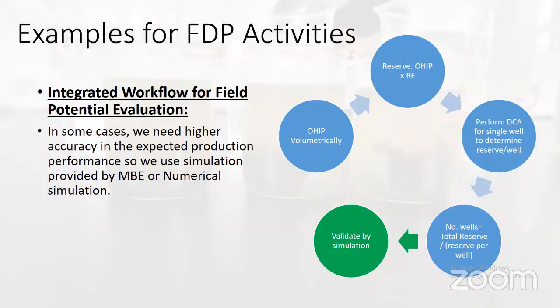But usually at the start of development activities, we don't have a big deal of information about our reservoir. So initially, we will have a rough estimation for the development activities. Then we will get more data about our reservoir, so we will increase the complexity of our conceptual model of our reservoir.